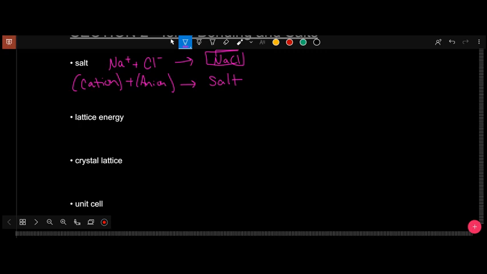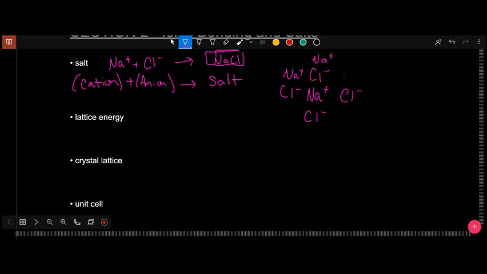And I think it makes more sense to talk about the crystal lattice first. So let's look at, for instance, if you have 1 part sodium chloride, remember you've got a sodium with a positive charge that's going to be attracted to a chloride with a negative charge. But then that's going to be on all sides. And then each of those chlorides are going to be surrounded by a sodium.